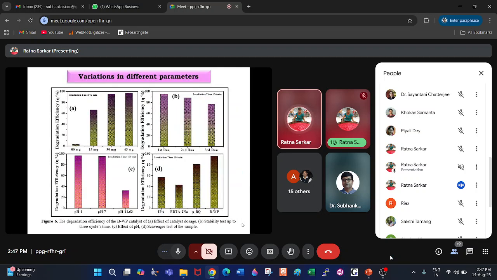These are the various catalytic performances. First one is dosage variation. Second one is stability test. Third one is pH variation, and number D is the scavenger test. Here we show that EDTA is a highly effective hole quencher scavenger.